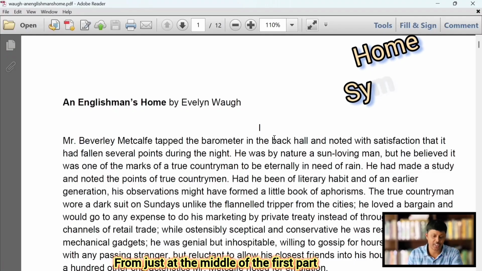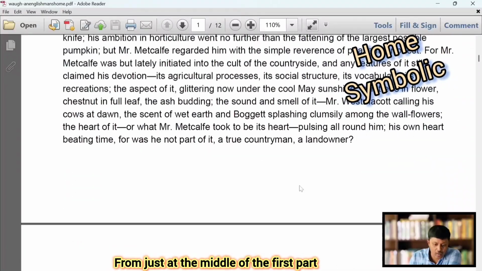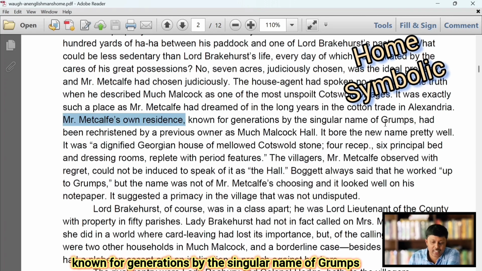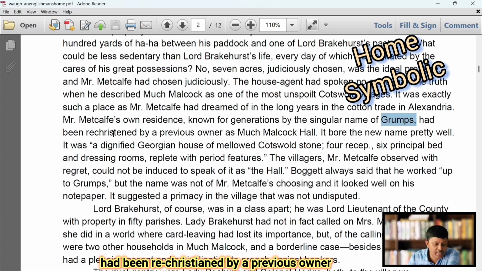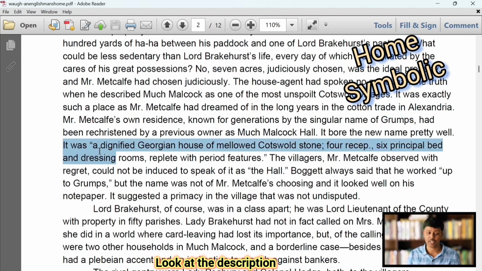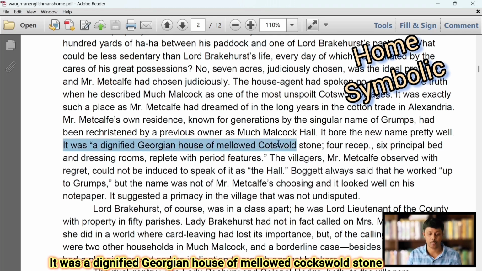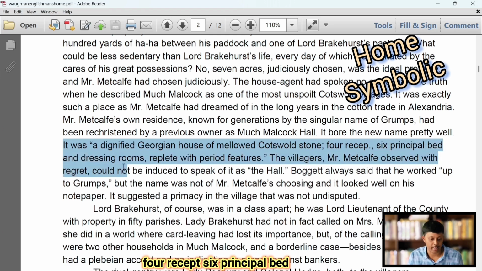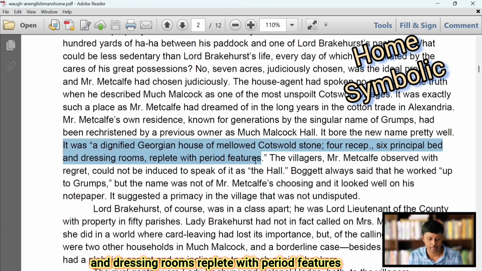Again, from just the middle of the first part, here, Mr. Metcalfe's own residence, known for generations by the singular name of Grumps, had been rechristened by a previous owner as Metcalfe Hall. It bore the new name pretty well. It was a dignified Georgian house. Look at the description: a dignified Georgian house of mellowed Cotswold stone, four reception rooms, six principal bed and dressing rooms replete with period features.